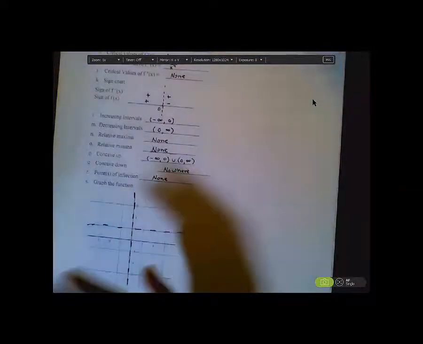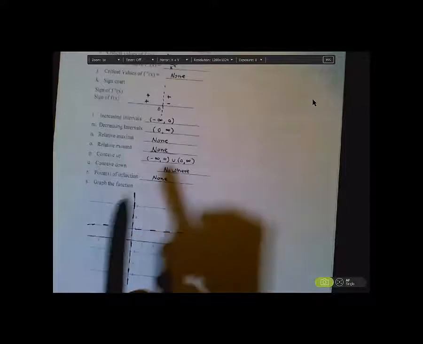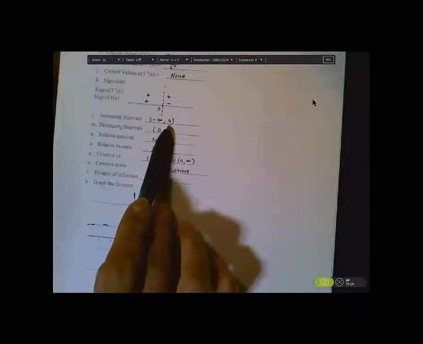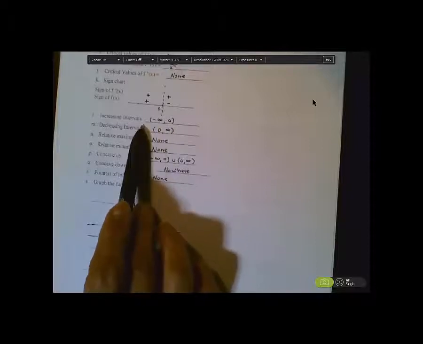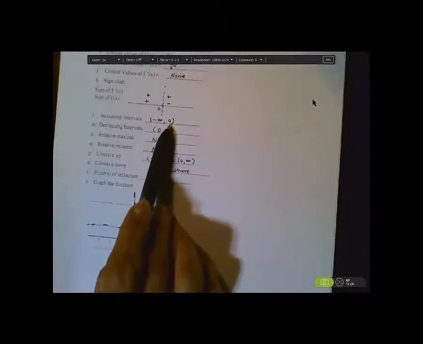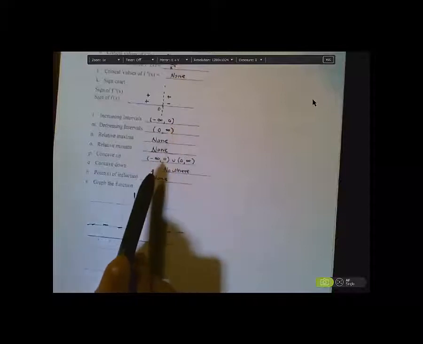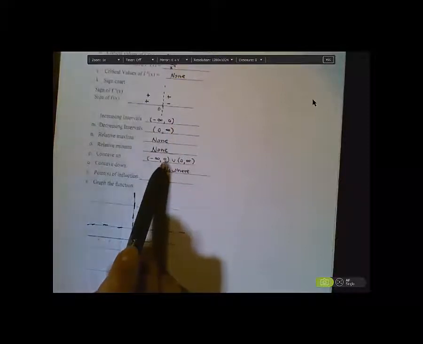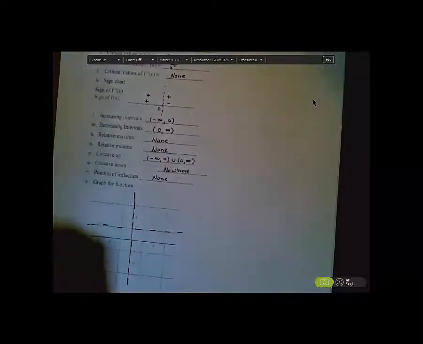Let's just be careful with our increasing, decreasing. The function's increasing everywhere. I'm sorry, that's not right. It's increasing from negative infinity to 0, and it's concave up from negative infinity to 0. So what does increasing and concave up look like?